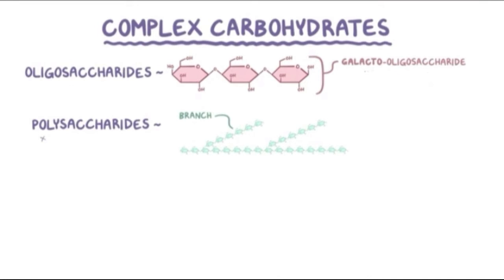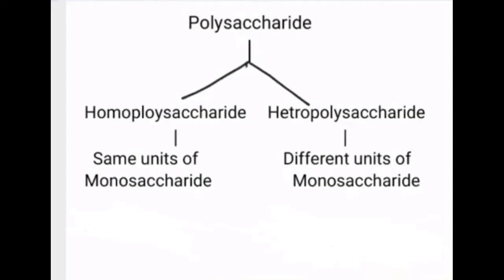Another complex carbohydrate is the polysaccharides. Polysaccharides are the most abundant type of carbohydrates found in food. Polysaccharides can also be broadly classified into two classes. First is the homopolysaccharide, then the second is heteropolysaccharides.